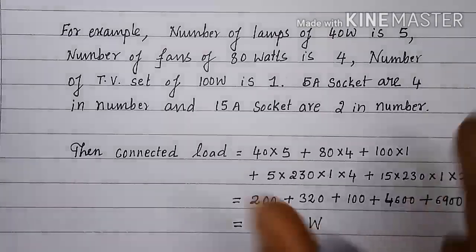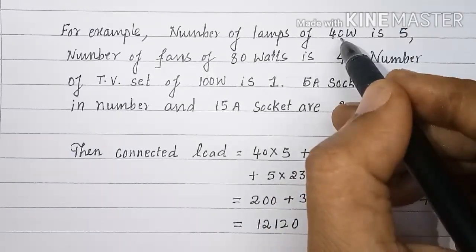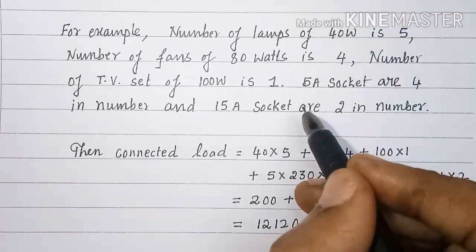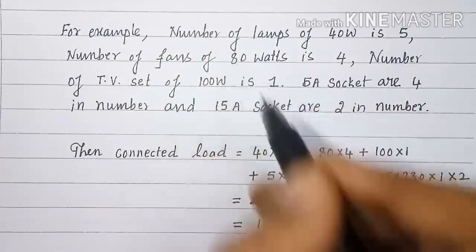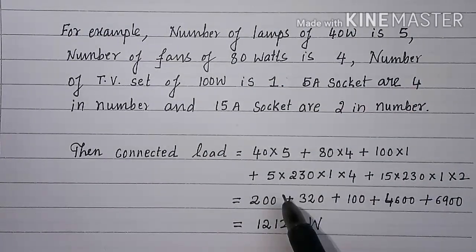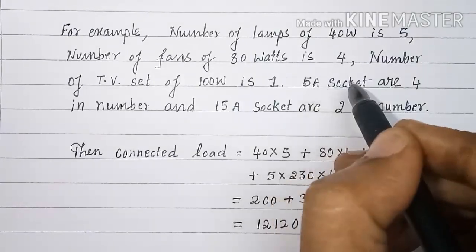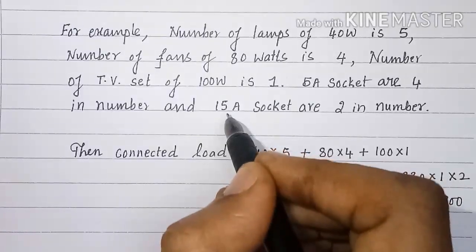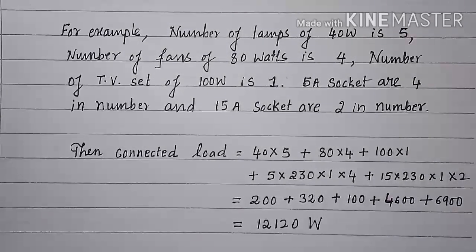So the maximum demand will be calculated as sum of power consumed by 2 40 watt lamps, 2 80 watt fans, 2 5 ampere sockets and 1 15 ampere socket.